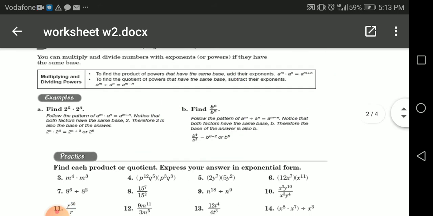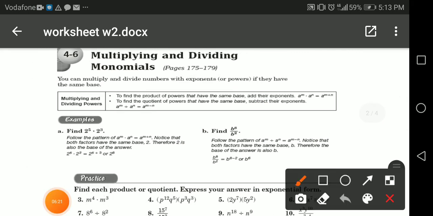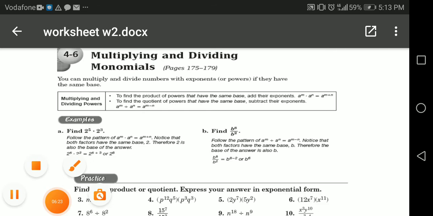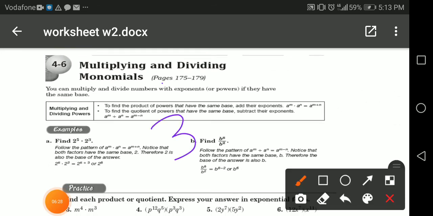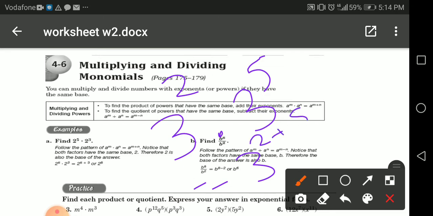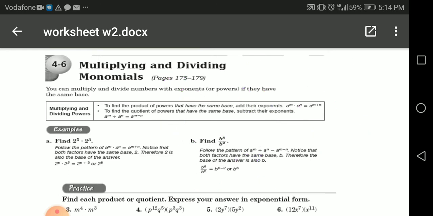For example, I need the marker. Just a moment, guys. If I have 3 to the second power multiplied by 3 to the fifth power, it would be 3 to the 2 plus 5, so 3 to the seventh power. Remember, we took this last week.